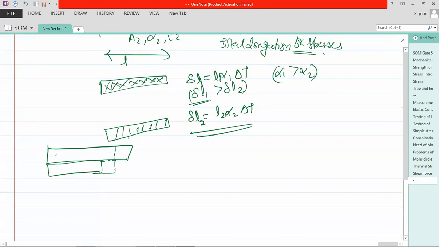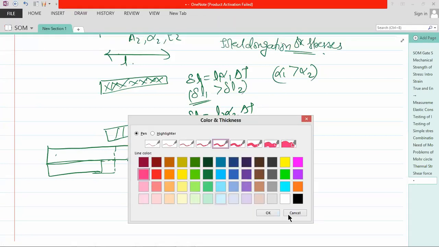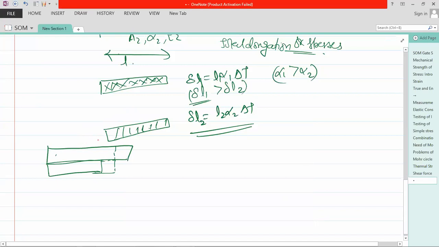This should be delta L1, but it ends up only this, and this should be delta L2, but it forces the material to go there. Now we can pose the same problem as this length being reduced by applying a compressive force, and this length being increased by applying a tensile force. Suppose this force is P.